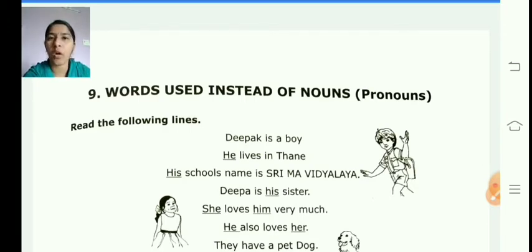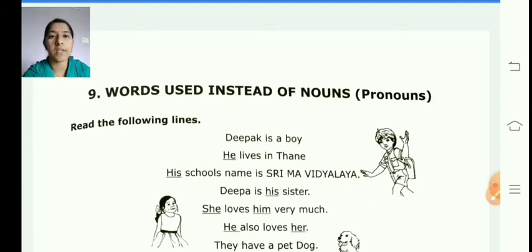So then what are nouns? We have already completed, no? Can you tell me what are nouns? Yes, nouns, we use that when you have a person, place, animal, or a thing.